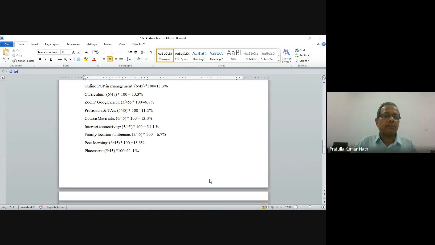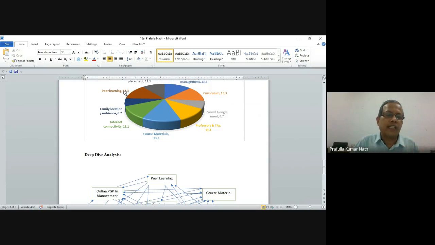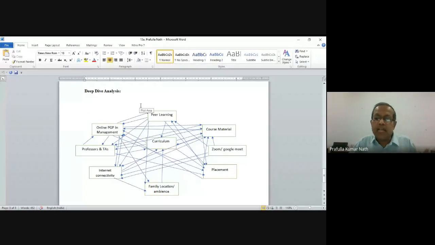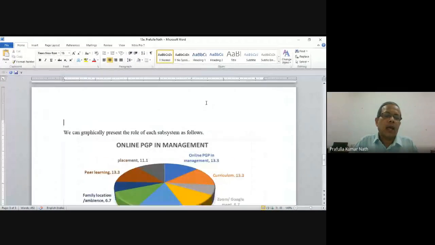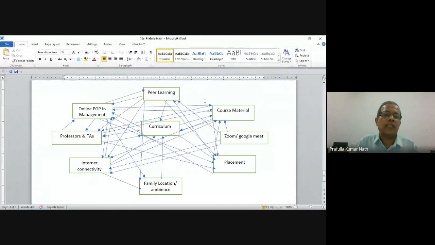Now coming further, I have also presented it in a diagram. For the deep dive model that I have formulated, I have not placed that simple graph that Mr. Mukherjee suggested, because it took some more time. I could not do it at that time, but I can do it.